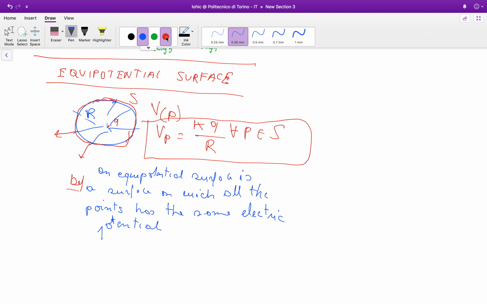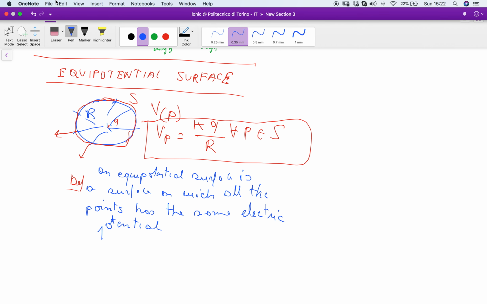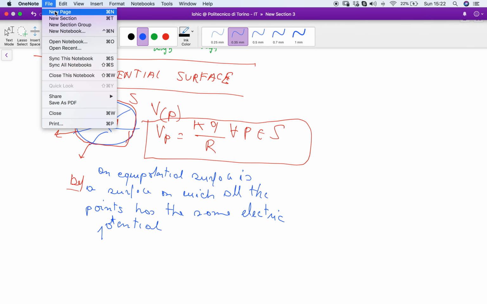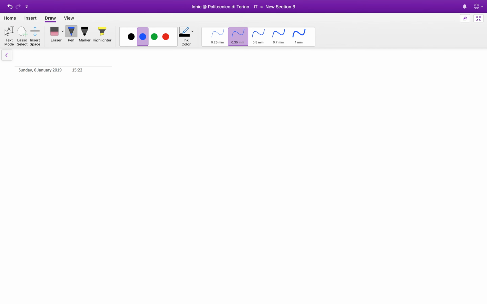Before moving to dipoles, we will have a break, but before the break I would like to show you a kind of exercise that you may find in a book. So suppose that I put three charges like this. This is Q1, this is Q2, and this is Q3.